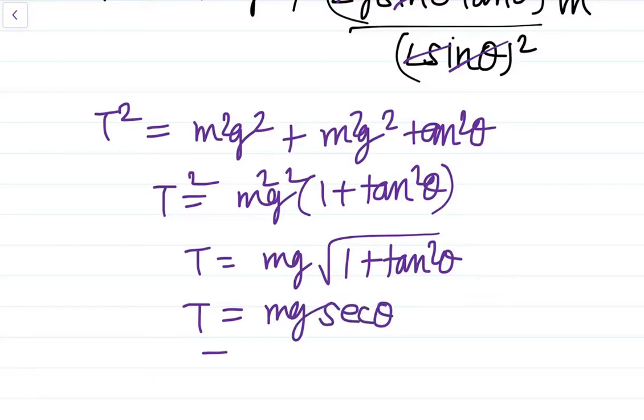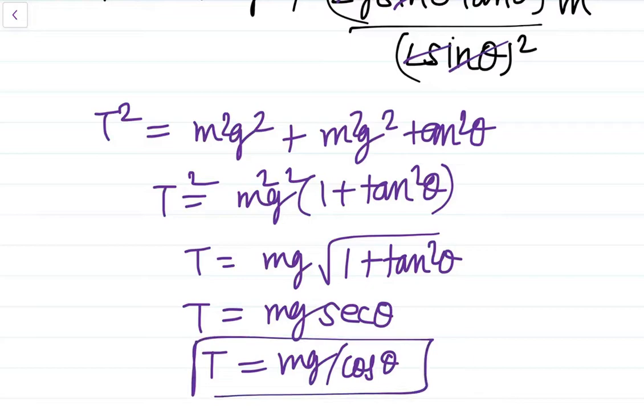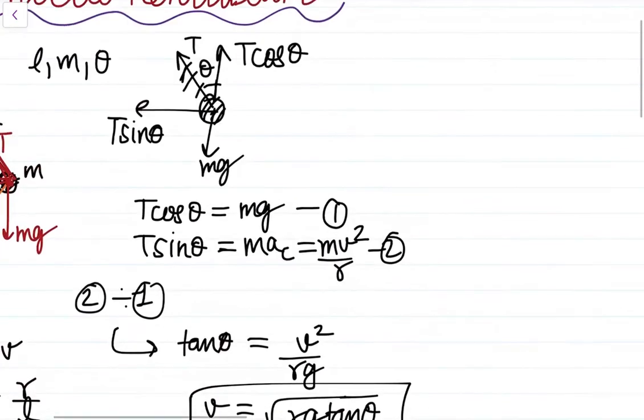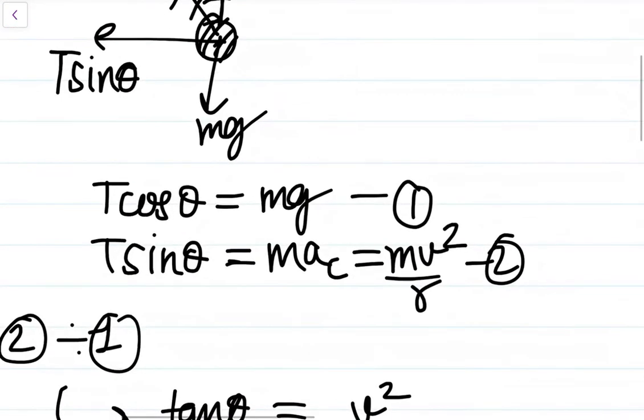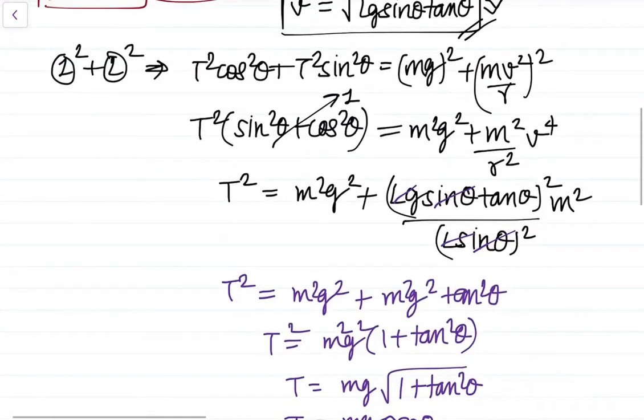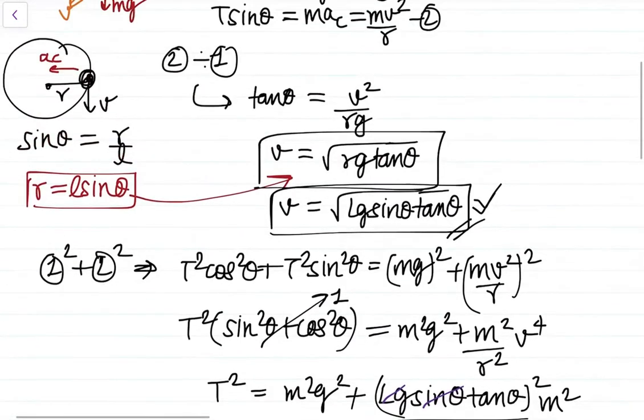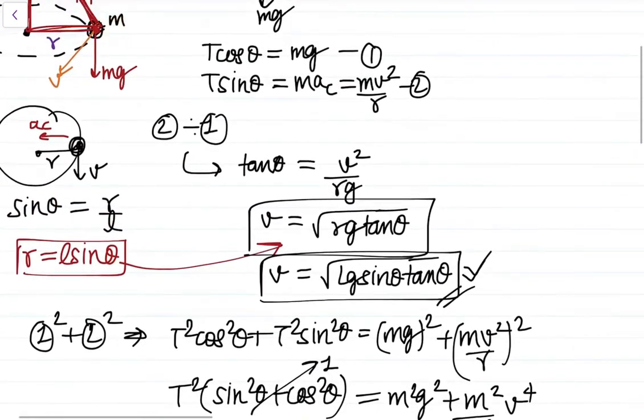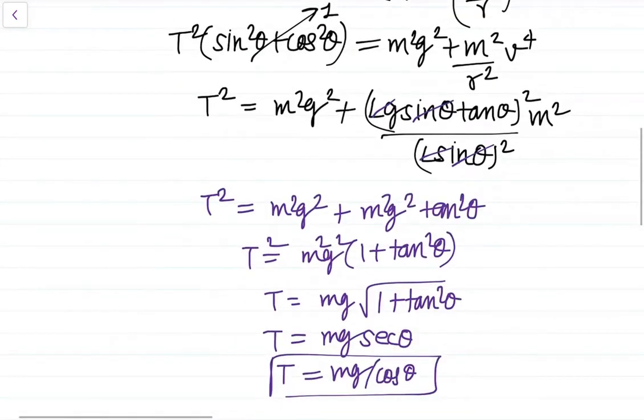So it will be just T is equal to mg by cos theta. So we could have also derived it from the first equation, but I just wanted to give you a hint that we can also derive it like this. There was absolutely no need for this. I just wanted to show you that if we do it like this, the answer will also come.